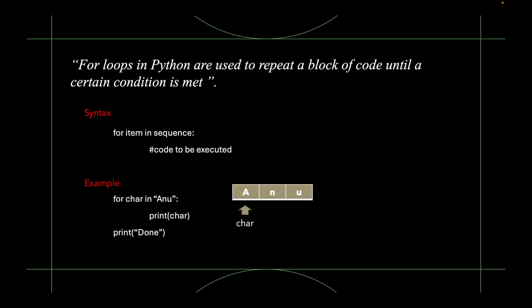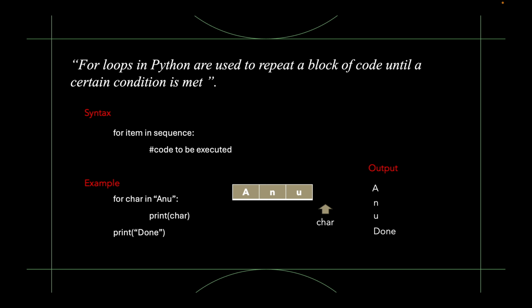Then the command inside the for loop is executed, print char, that means a here, so the output will be a first, and then the char will move to the second character, that is n, and then it will print the next n character. Similarly, it moves to the u and then it gives the u character. After finishing this, it comes out of the loop and then prints the done statement. Hence, this is how the for loop works.